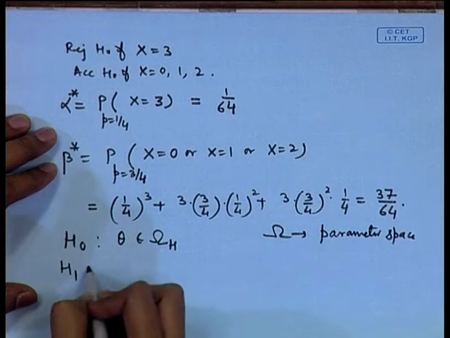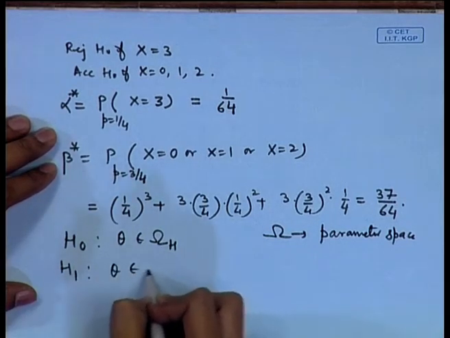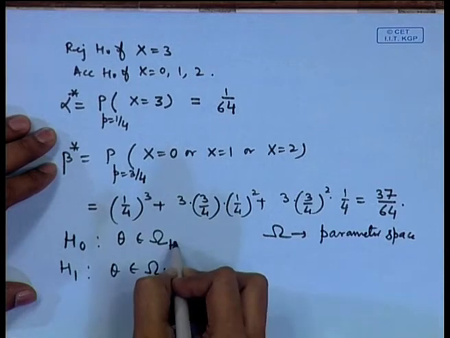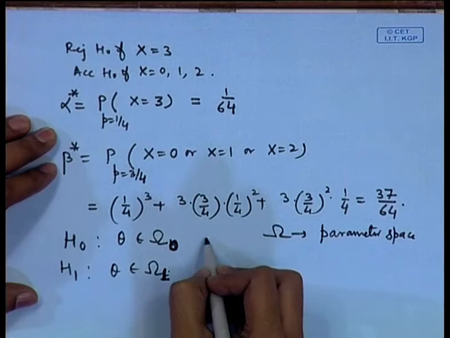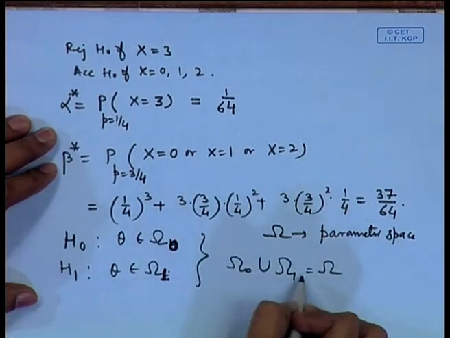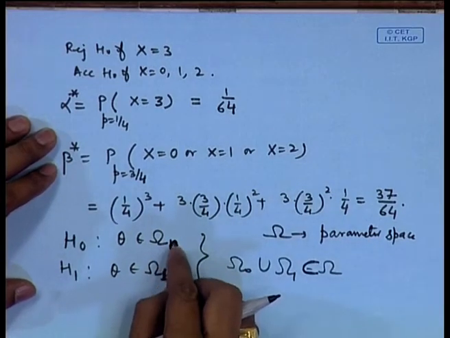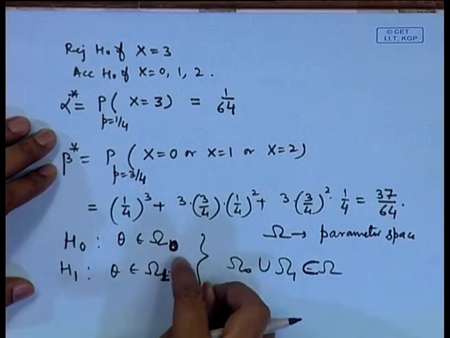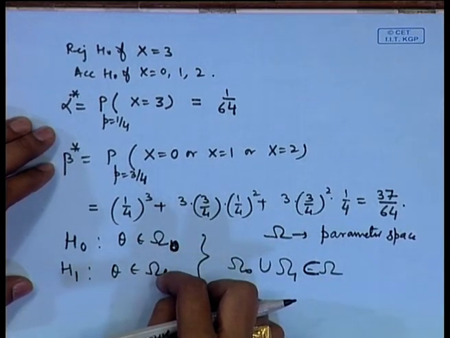You have the hypothesis testing problem as theta belonging to omega naught against theta belonging to omega 1. So, here omega naught union omega 1 may be omega, or it is not necessary, it may be actually a subset also, because in case we are dealing with a simple hypothesis, the full parameter space need not necessarily be this one.